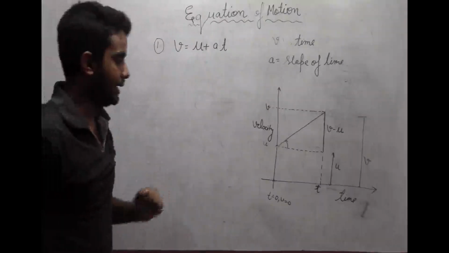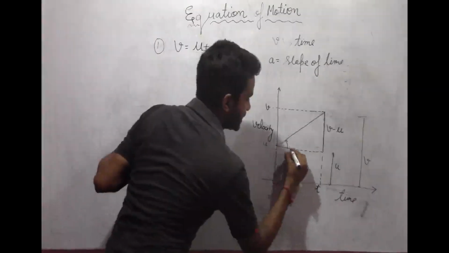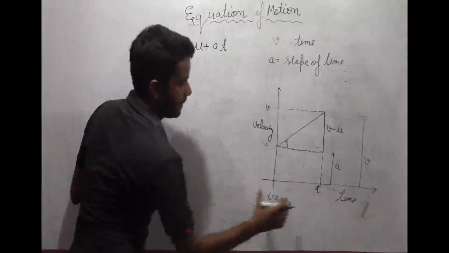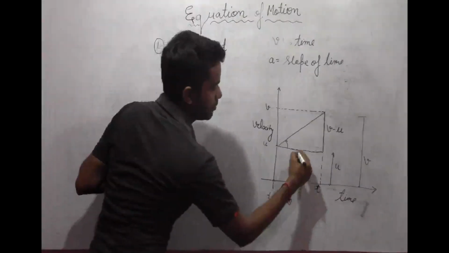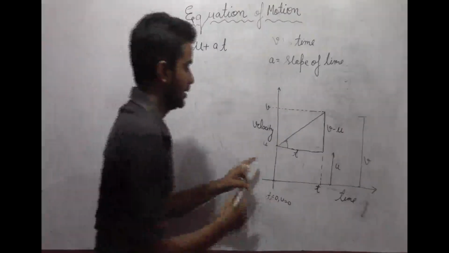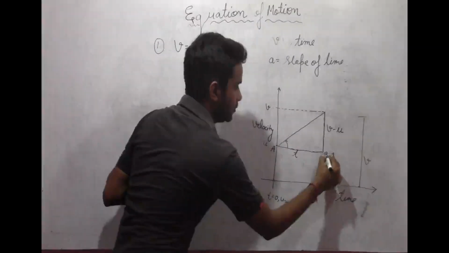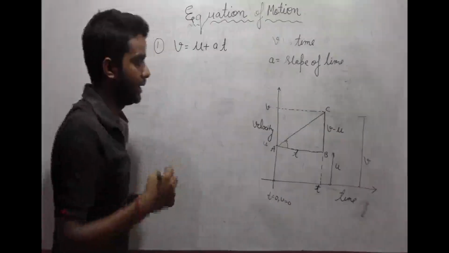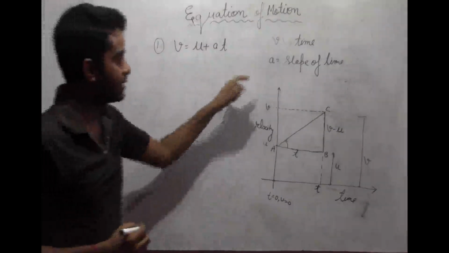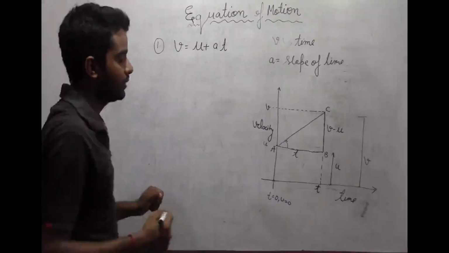And next, what is its distance? Its distance is the same as t. This is 0, this is t. Then what is the distance of a and b? You will say t. Suppose this is c. If you calculate the acceleration of the body, then how can you calculate it?